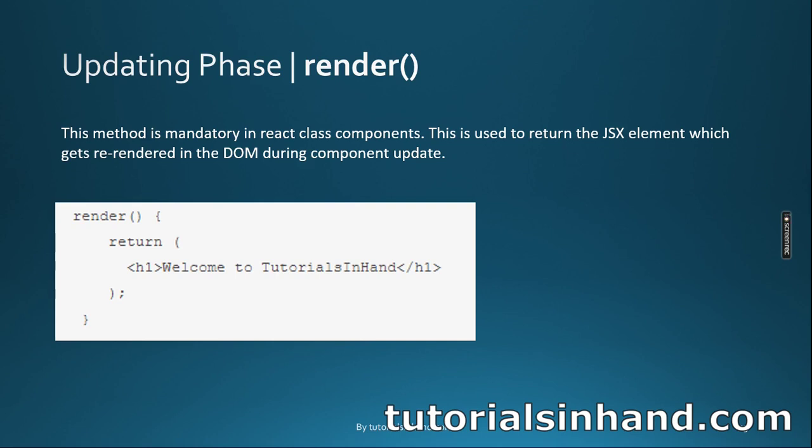So one thing you need to understand, which I have already discussed, is that this render method is the main method which actually returns the JSX code which gets displayed on the browser. So whenever a component is instantiated, we need to show something by default. So we need the render method. And when any local state gets updated, we again need to repaint the DOM. So again we need this render method.